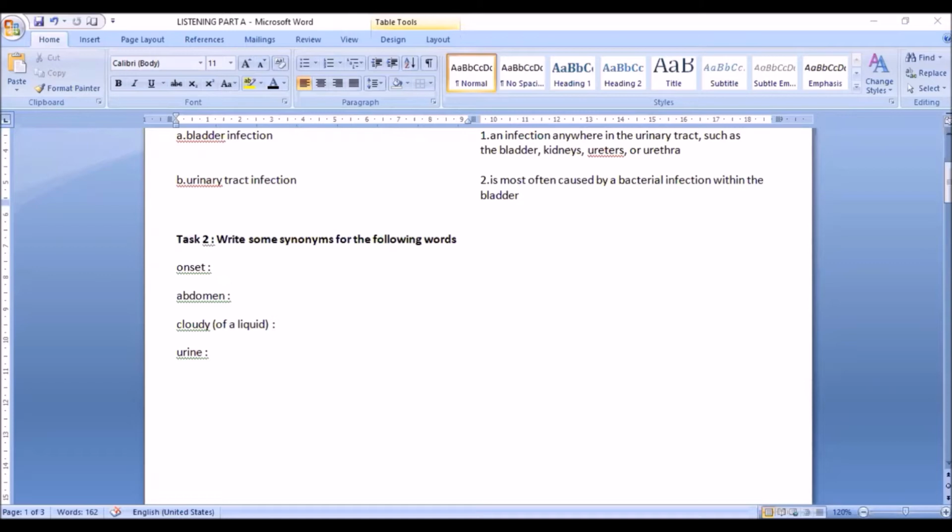Now, in listening part A, you are going to listen to a recording, and then you're going to see some words on the paper. They are not the same words. You're not going to hear the words you have on the paper.